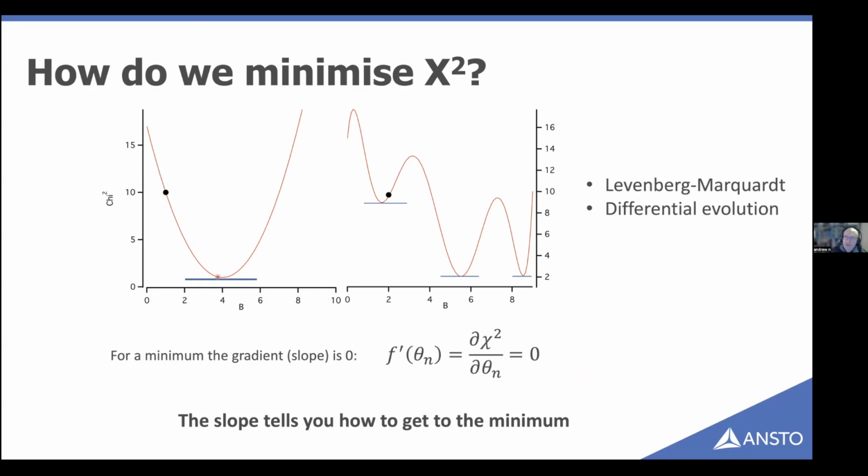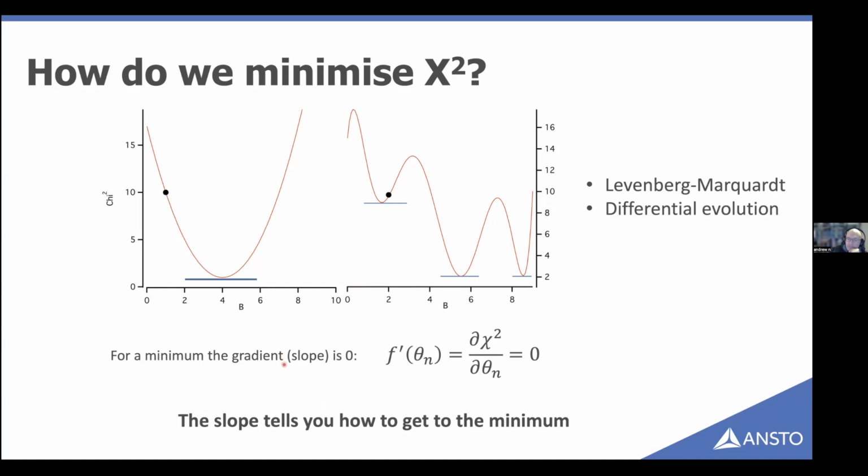Sometimes, however, the chi-squared map of two parameters, or of a multi-parameter system, is complex, so you end up with lots of local minima, as in the graph on the right-hand side here. Depending on the technique that you use, you can end up in local minima instead of the global minimum. So the aim is to get down to the global minimum.